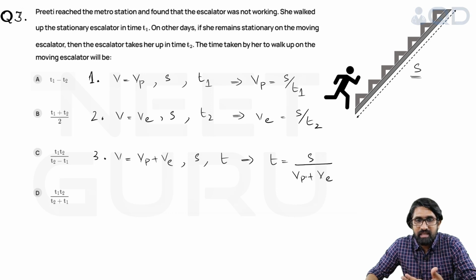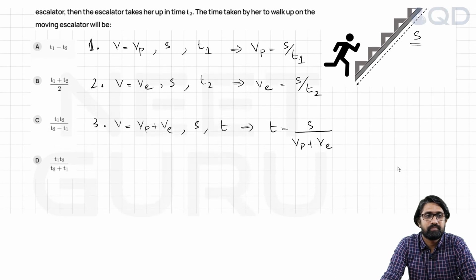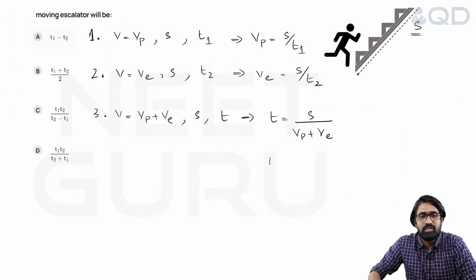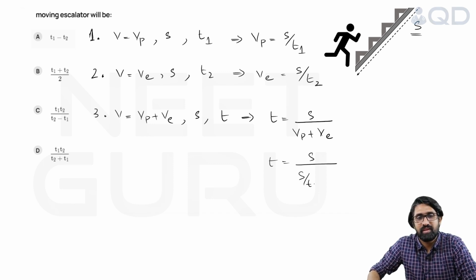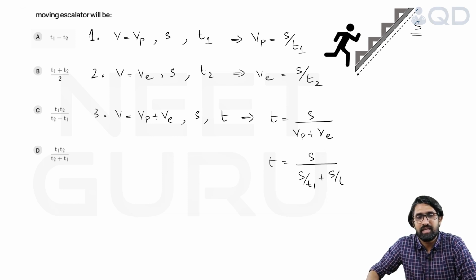We should replace Vp and Ve with the corresponding expressions here, and that would give us t equals s divided by, in place of Vp, we'll put s by t1, and in place of Ve, we'll put s by t2.